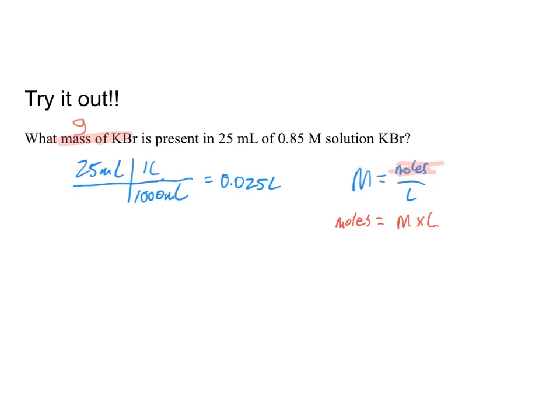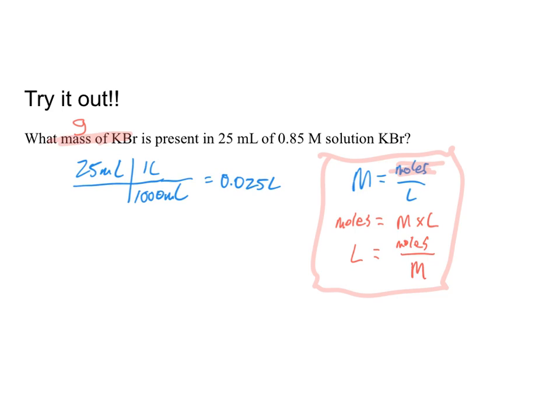And if I further rearrange that equation to solve for liters, L is our moles divided by molarity. Those are the three equations that you should have in your notes if your algebra is not so great.